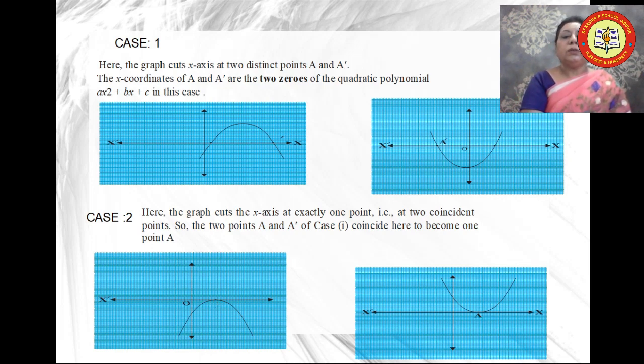So the graph intersects in one point, and such a quadratic equation has only one zero. Graph open downward indicates that the value of a is less than 0, that is, the coefficient of x square is negative. In this case also the graph is intersecting in one point. That means the quadratic polynomial has one zero. Let's move further.